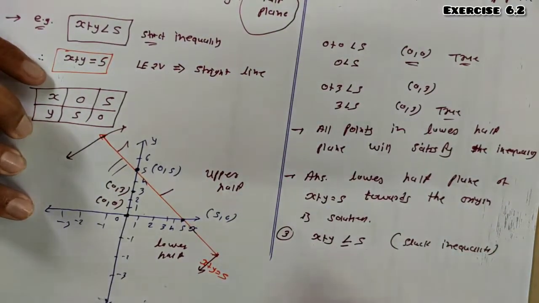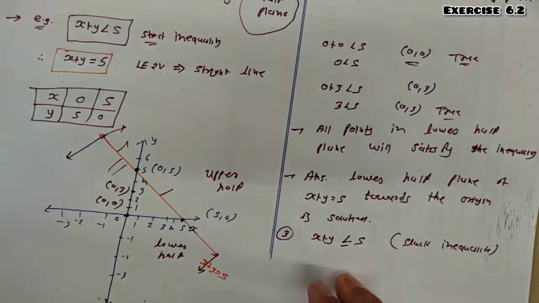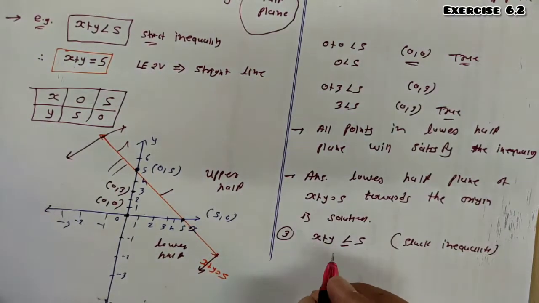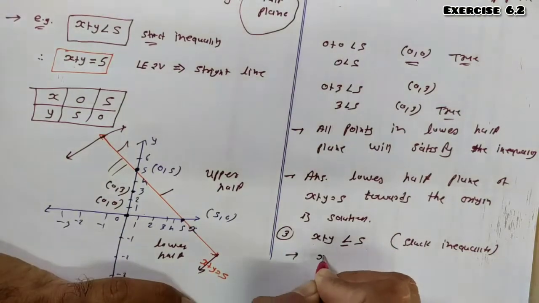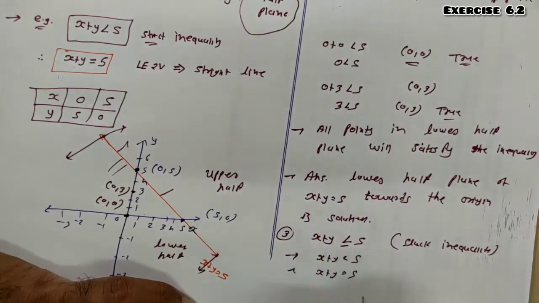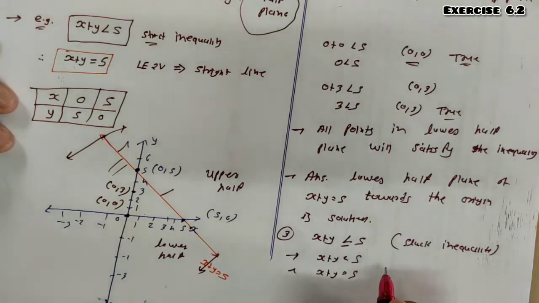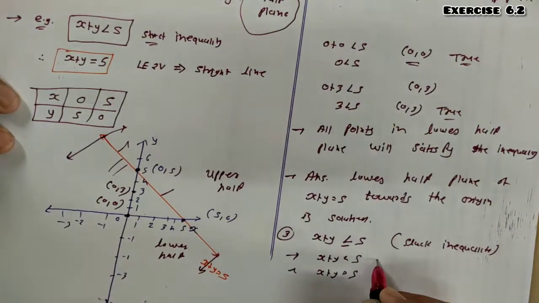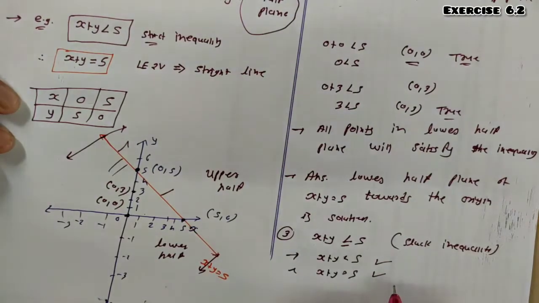Now tell me, what is the solution for this type of slack inequality? Here two parts are there. First, x plus y less than 5 is the solution, as well as x plus y equal to 5 is the solution. So here we have to consider the lower half towards the origin as well as this straight line.